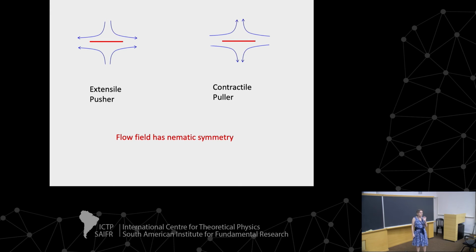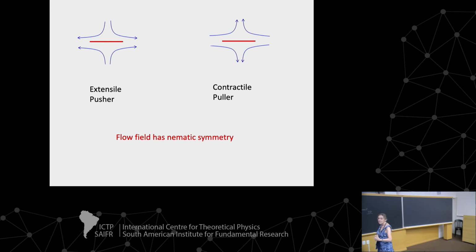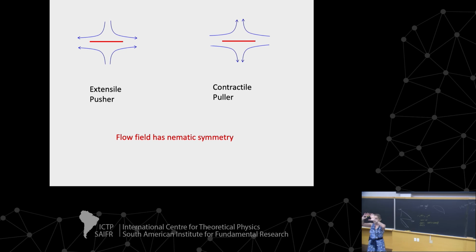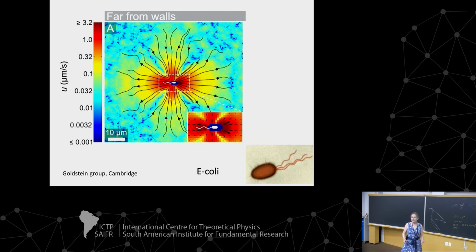So let me summarize what I said. This is the important bit that I'm going to say now, which I need later on. Because swimmers are autonomous things, because they have no net force on them, because there's nothing there to pull them, their flow field, at least at long distances, looks like this.